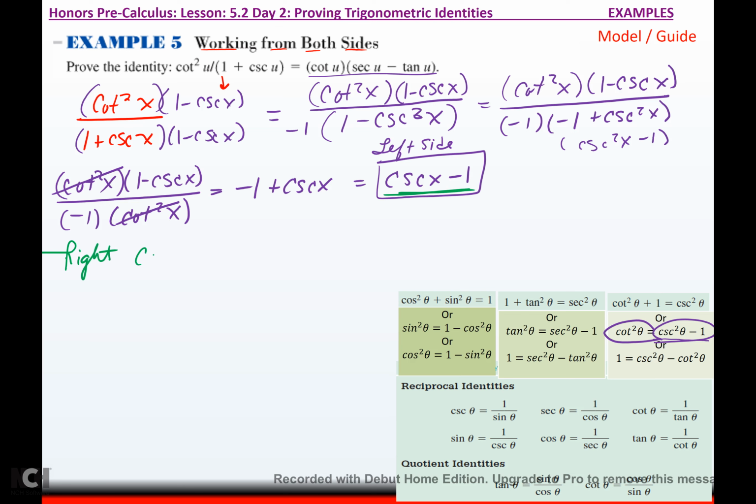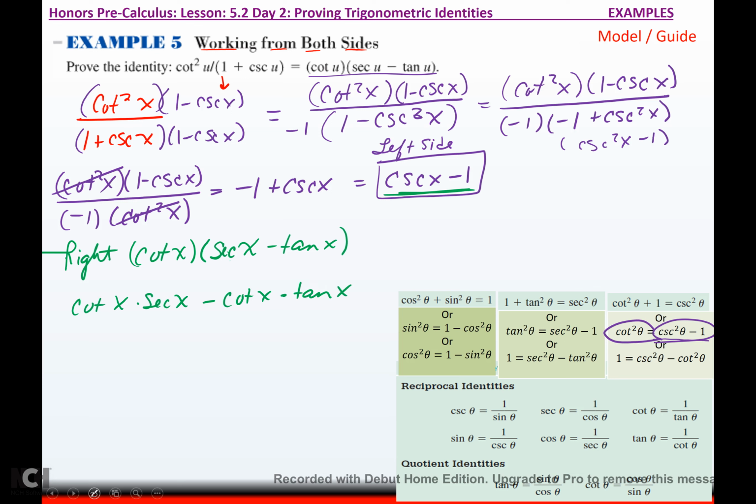So I'm going to take cotangent u times secant, oops, I'm going to use x's again, sorry. Cotangent x times secant x minus tan x. If I distribute that, I get cotangent x times secant x minus cotangent x times tangent x.